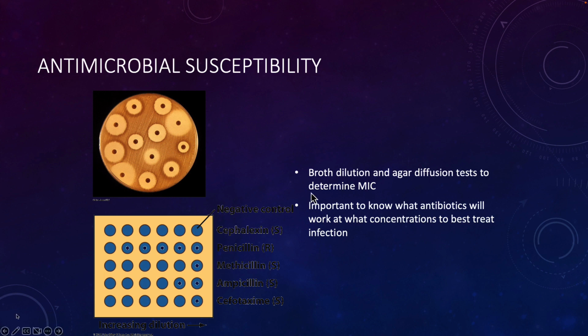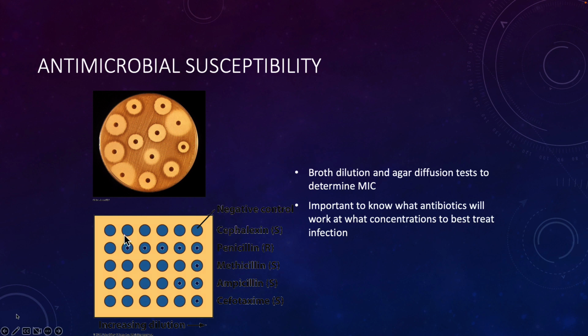Another type of test you can do, which you likely did not do in Bio 120, is a broth dilution assay. And that can help you determine what we call the minimum inhibitory concentration. And that's basically the lowest level of antibiotic that we can use in order to clear a patient's infection. And so you do that on a plate, usually a 96 well plate, but this is just an example of a type of plate.